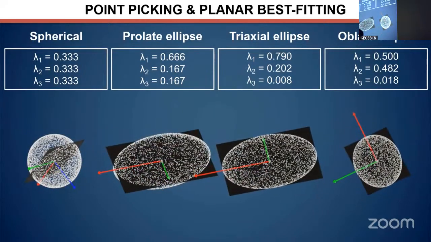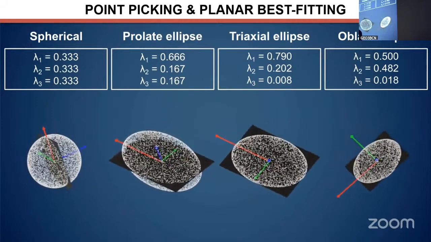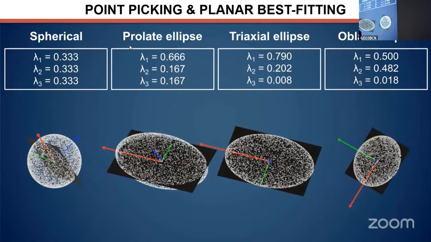The same applies to this kind of distribution, a prolate ellipse, in which the maximum eigenvalue is just 3 or 4 times the intermediate eigenvalue.